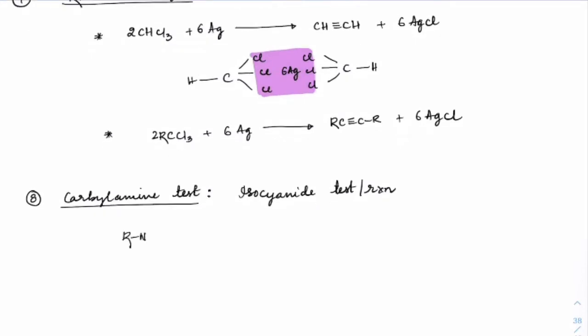The basic fundamental here is that when we take primary amines and treat them with chloroform in the presence of alcoholic KOH. See, ammonia is slightly pungent. Amines are even less pungent, but they still have some pungent smell. But when you treat that with chloroform in the presence of alcoholic KOH, we will get isocyanide, which is a very foul smelling gas.